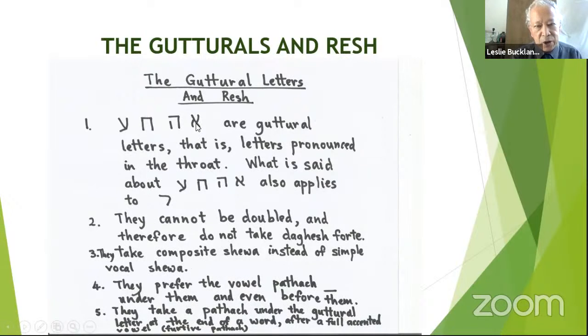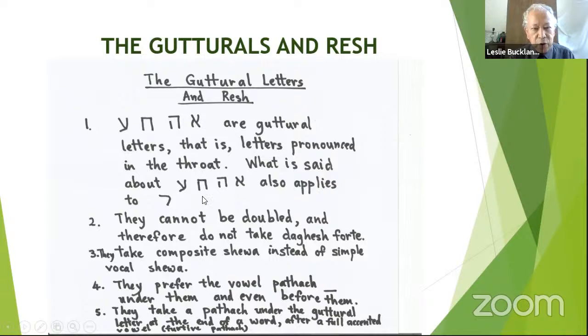Another feature about the guttural letters and resh is that they prefer the vowel pathak, that is this short horizontal line that is below the line of your paper. This short horizontal line that is below the line of your paper is the short vowel pathak, pronounced as a, as in bat, or a, as in at. So these letters prefer to have the vowel pathak under them.